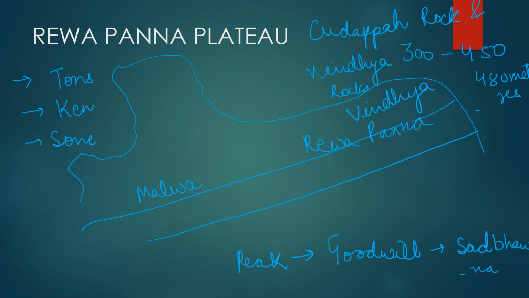Sadbhavna Peak. So these are the specific features about the Rewa Plateau. Next one we have is the Narmada Son Valley region. We can also see this region in the map, as we have already seen. This is the Narmada.